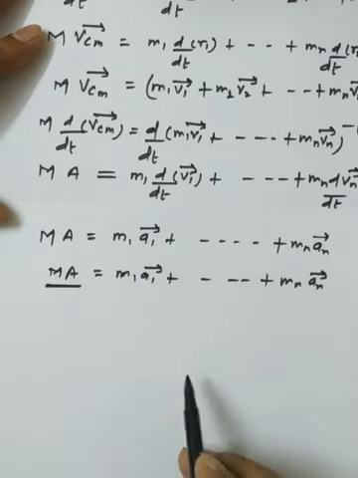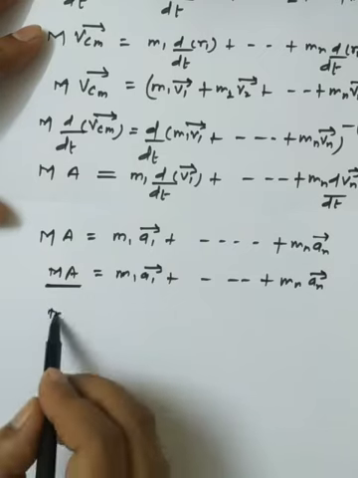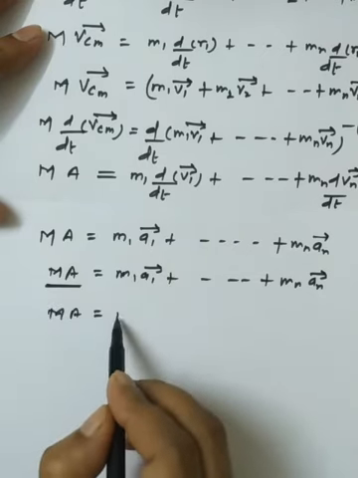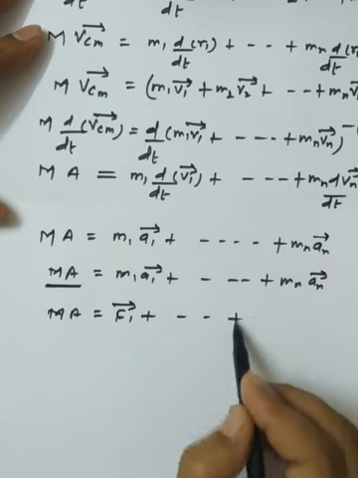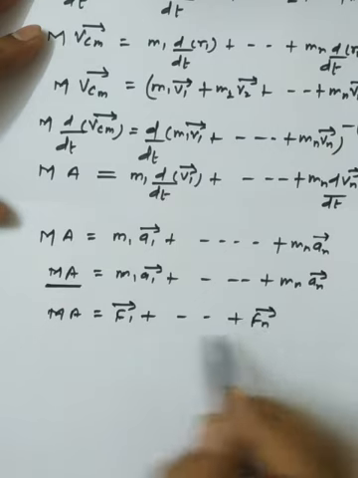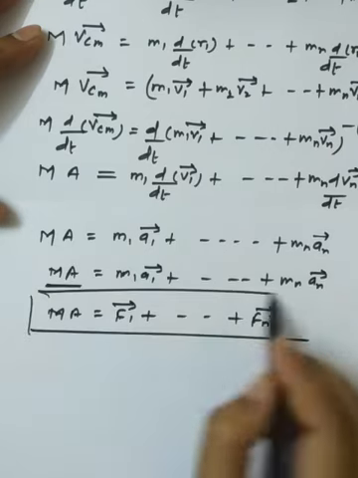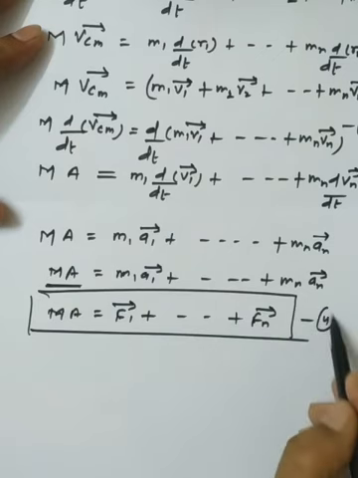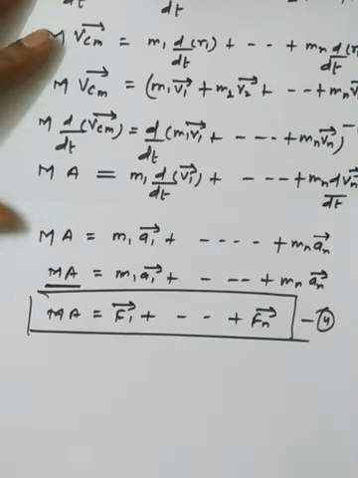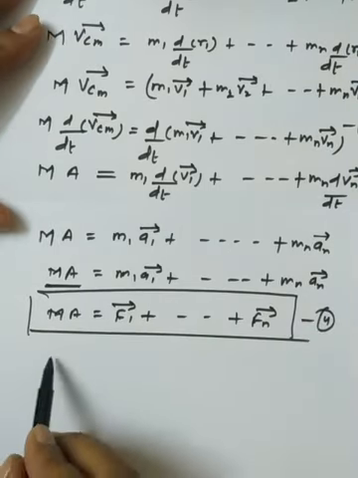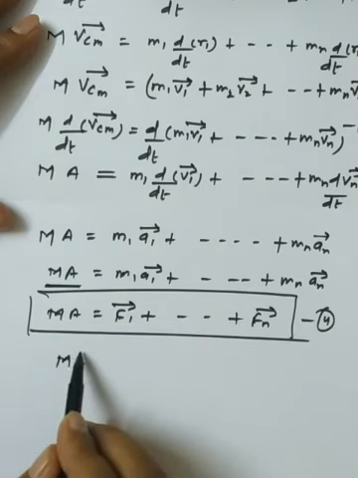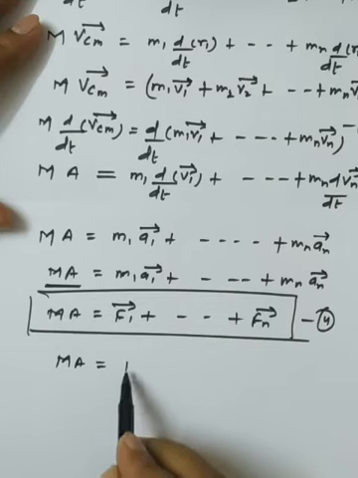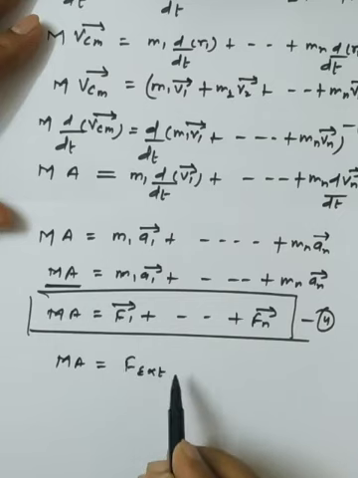So I can finalize that M A is simply the vector sum of the forces acting on the system externally. This is one of the basic general equations we have, and it has several meanings. Now equation number 4 suggests that M A is the force, and that is the concept of F external.